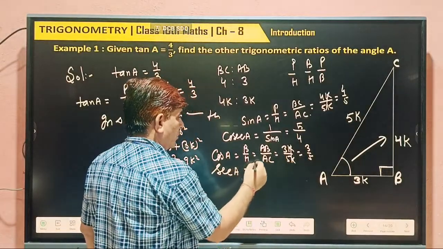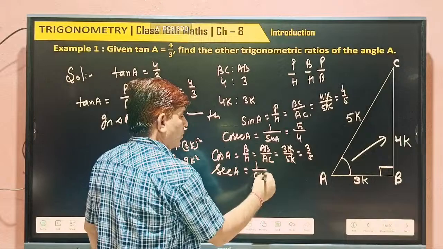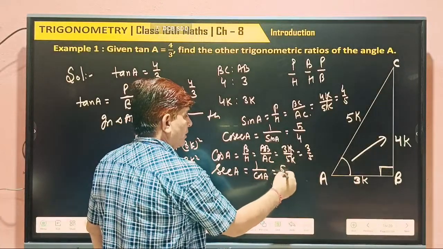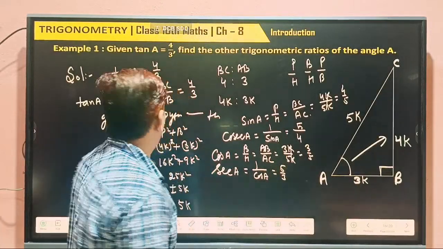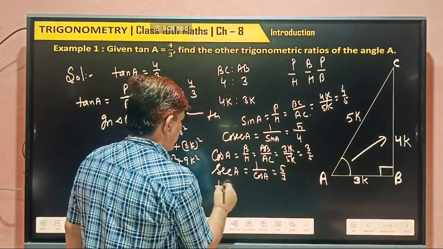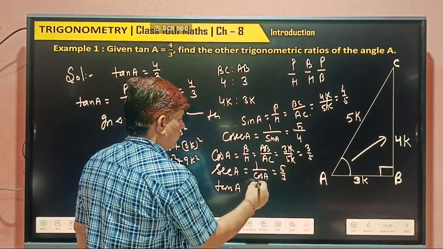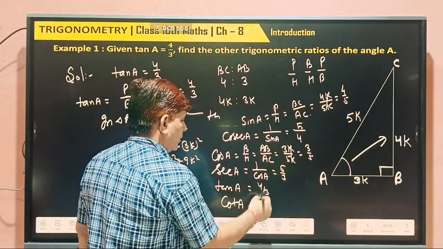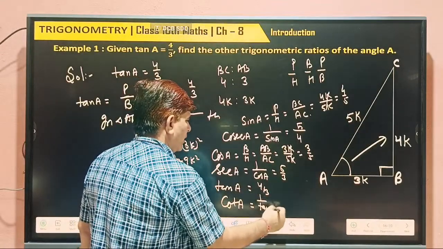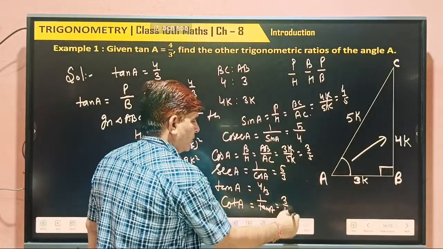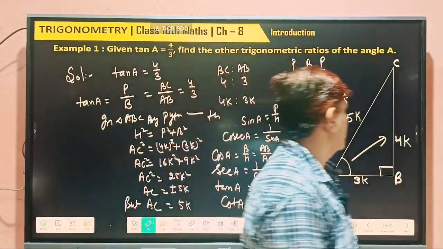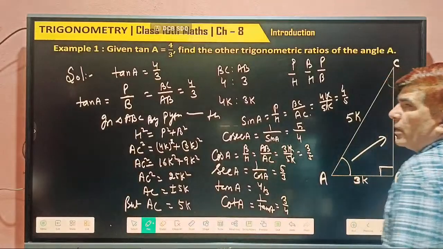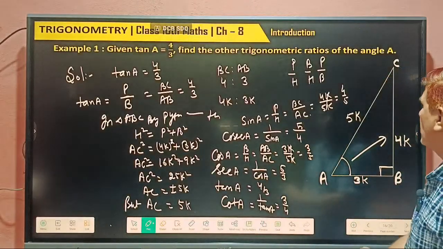Secant A equals 1 by cos A, which is 5 by 3. And tangent A is given as 4 by 3. So cotangent A is 1 by tangent A, which is 3 by 4. Yes or no?